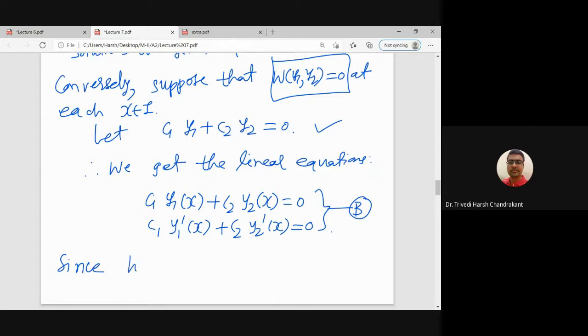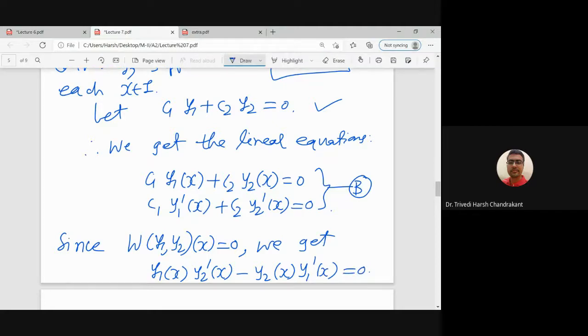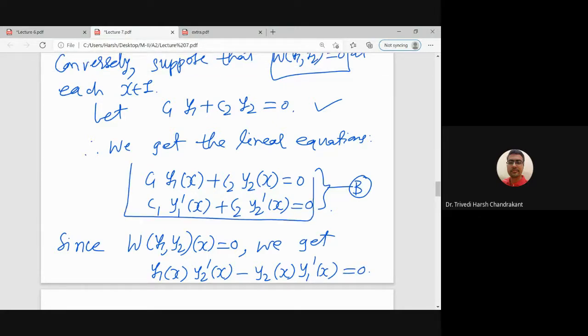So since the Wronskian is 0 at every point x, we get y1(x)y2'(x) minus y2(x)y1'(x) equal to 0. So this is a system of linear equations in C1 and C2. We need to find C1 and C2, and y1, y2, y1', y2' are fixed if we fix x, right?